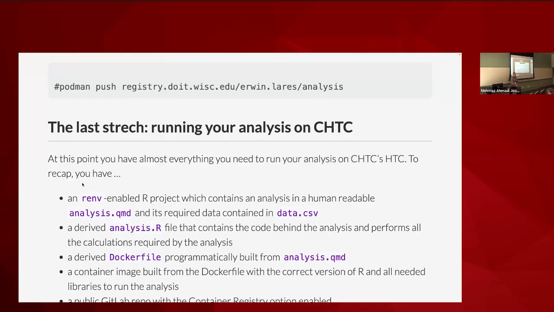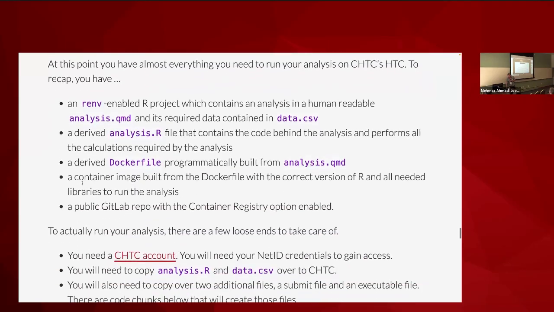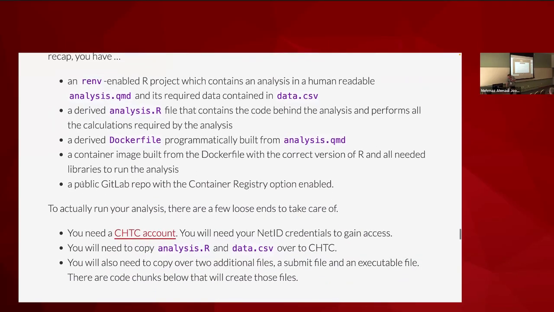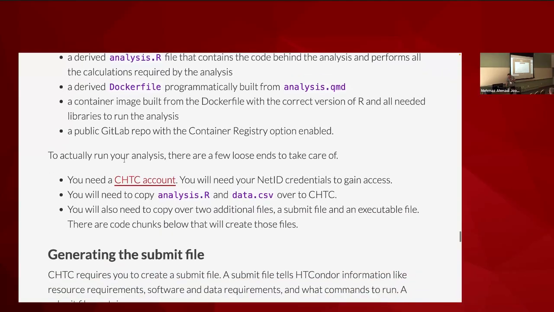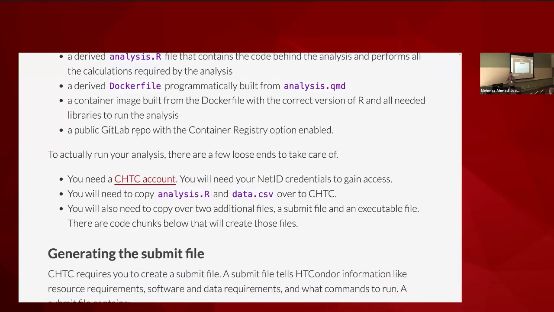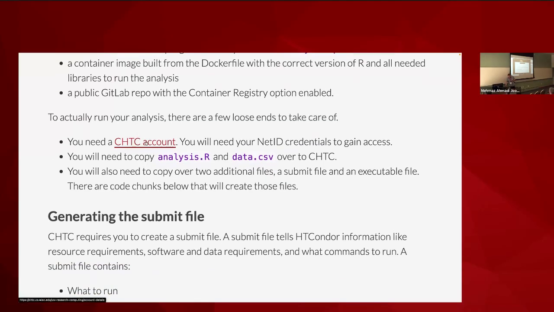I just was thinking that if it gets really compute intensive, you don't need that part rendering. You just want the computations. That's why we built a Docker file programmatically from analysis.qmd, a container image built from the Docker file with the correct version of R and all the libraries needed, and a public GitLab repo. And to run the analysis, we're going to build the missing 2 files. You, of course, need your CHTC account.